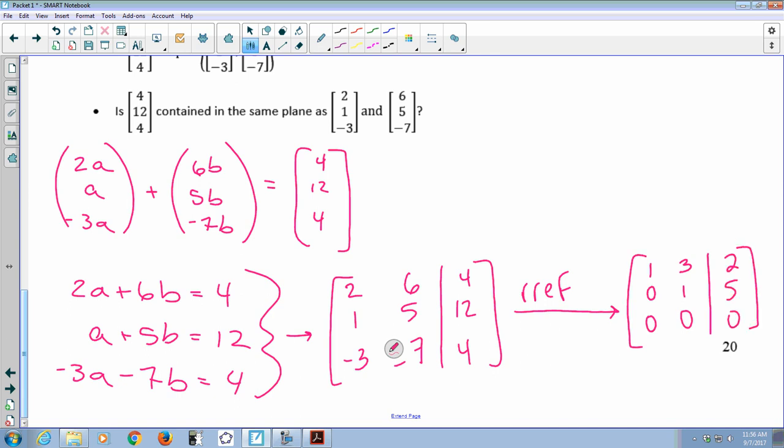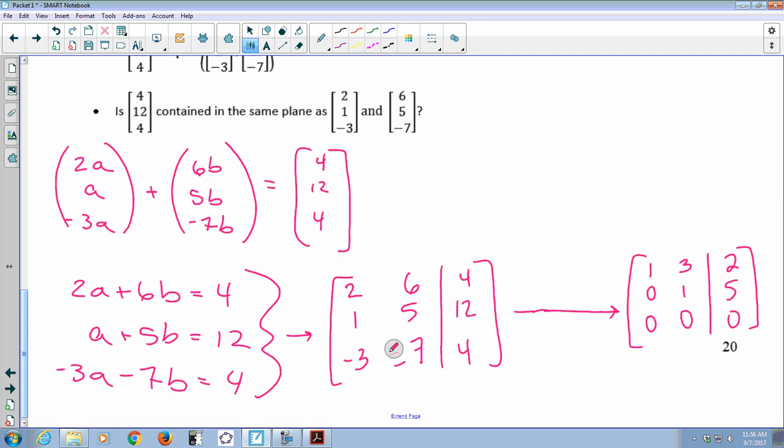So I shouldn't say RREF because I didn't go all the way, right? RREF would mean I also eliminate that 3 to do the backwards phase. But I just did the forwards phase to tell if it was inconsistent, right? Is this consistent? Yeah, yep.